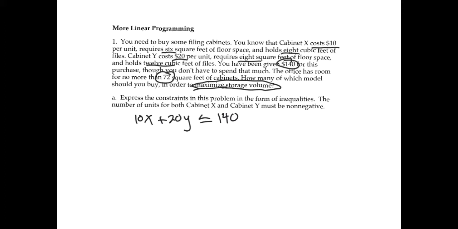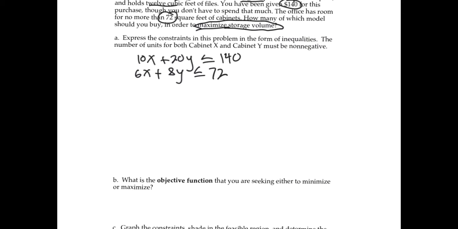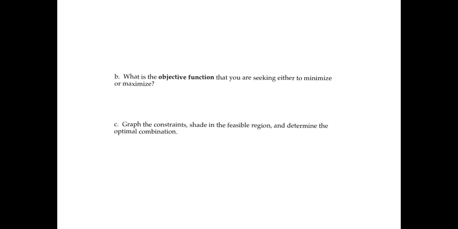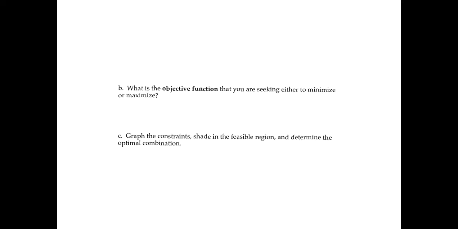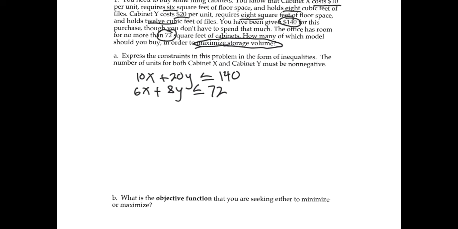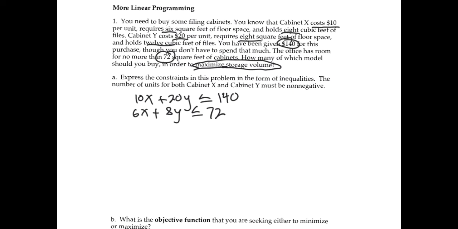We also know that cabinet X requires 6 square feet of floor space and cabinet Y requires 8, and we have 72 square feet available to us. So these are our two constraints. Then we're asked to figure out the objective function that we're seeking to either minimize or maximize, and that is the storage volume.